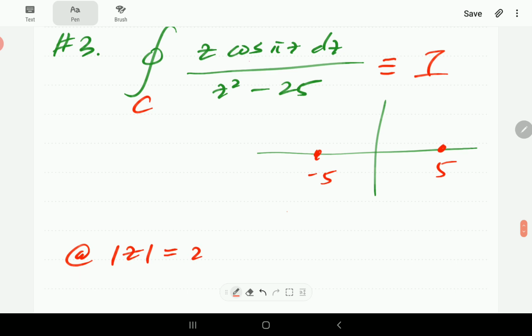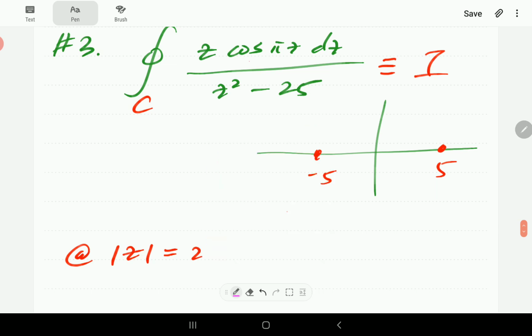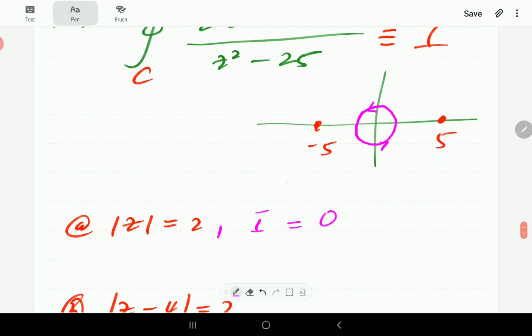For A, we are looking at the contour, which is a circle centered at the origin with radius 2. It's going to look something like this. There are no singularities inside or on this contour, so that tells us straight away that I is going to be equal to 0 by Cauchy's integral theorem.